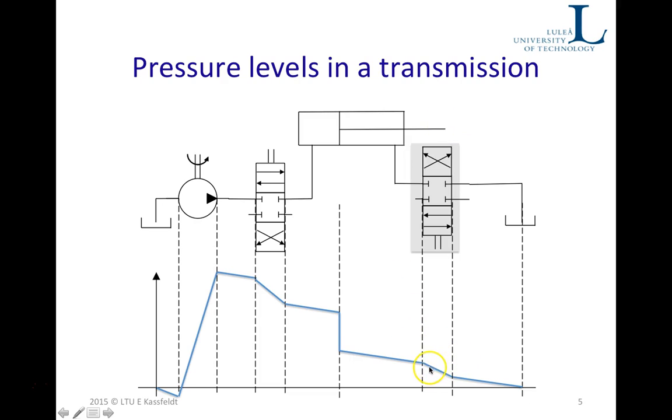The pressure is always a result of an outer load or some restriction. So I can also start from this end and say that, okay, in order to reach the tank, I must push the fluid through this pump. In order to reach this point, I must push it over the valve.